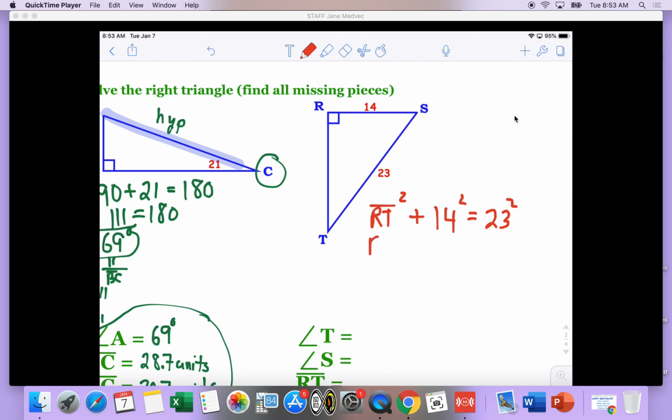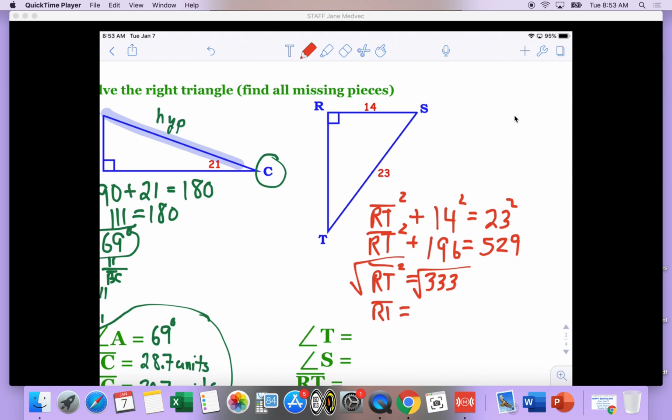Okay, I've got RT squared plus 14 squared gives me 196 equals, I got 529, is that right? Yeah? Okay, RT squared equals, I got 333, square root it, RT equals, I got 18.25.